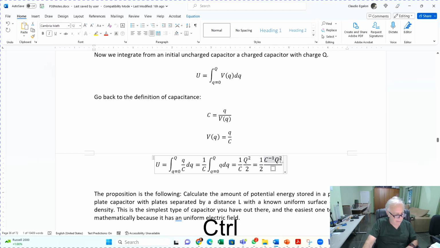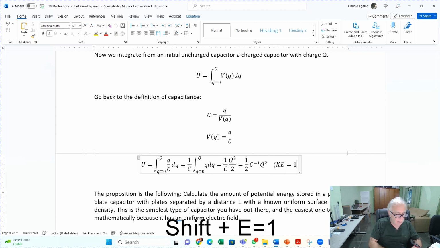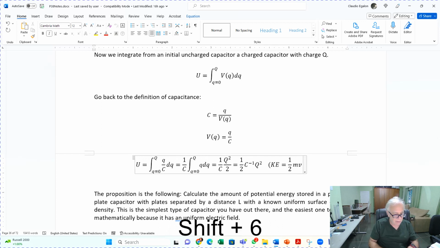Why am I doing that? Because this form that you see here is very much similar to that of the kinetic energy, right? Half of m v squared.